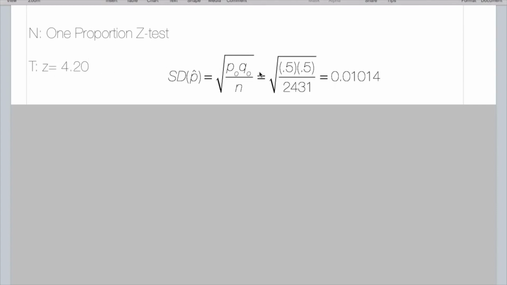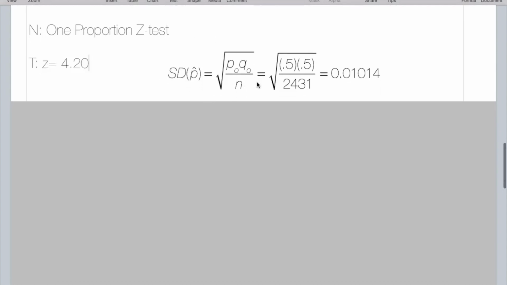Now, I didn't have to use this. If you've done that one proportion z-test in your calculator, you know that the calculator is going to give you this back in, and I'll show you the printout in a minute. But I just wanted to make sure that we remembered what the standard deviation formula would be for a problem like this.